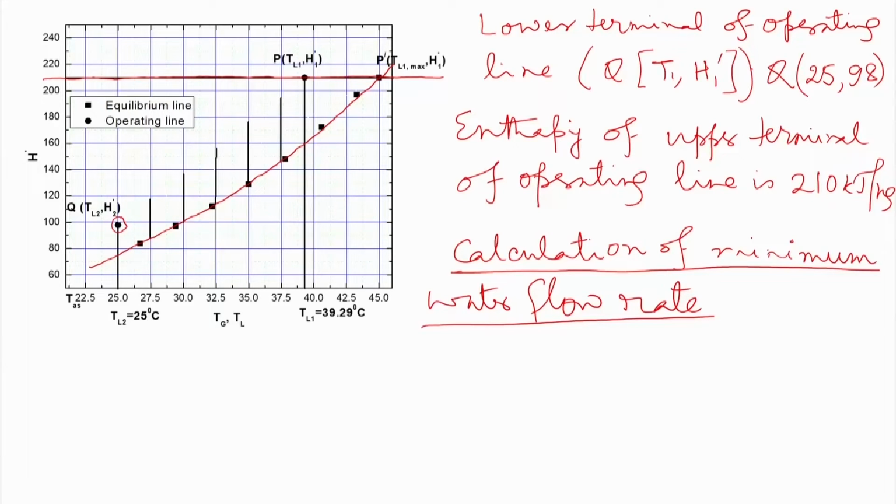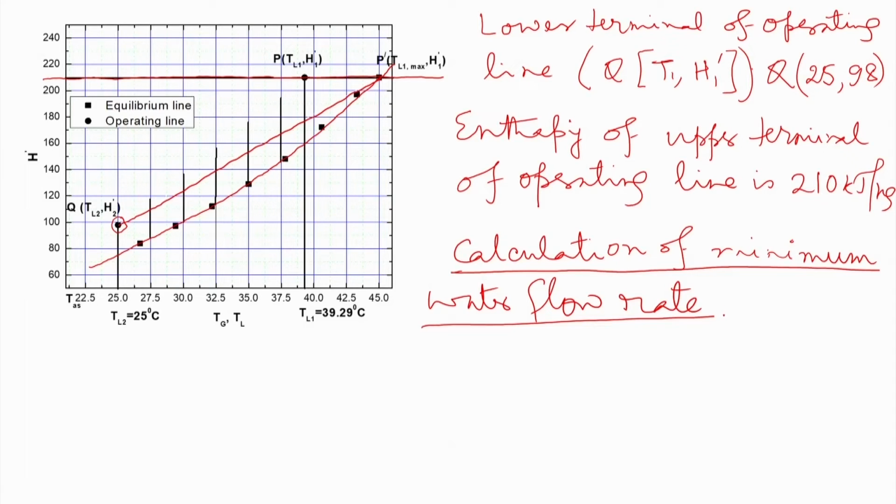Whatever we did for the humidification column, where from the lower terminal we drew the tangent to the equilibrium line, here also we will draw a straight line to the pinch point, where it touches 210 kilojoule per kg, the enthalpy of the exit air.